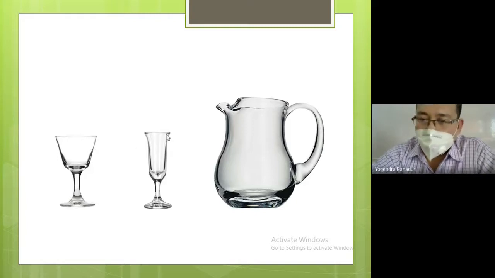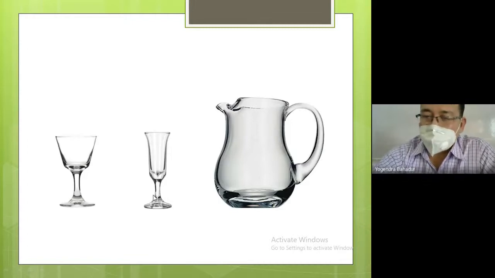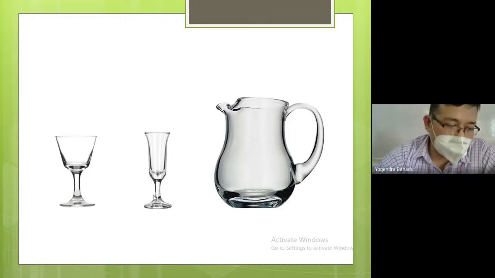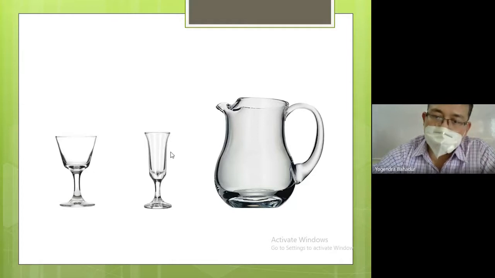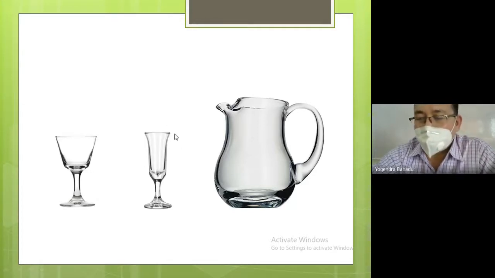6 fluid ounce. In the middle, you are finding the cordial glass, C-O-R-D-I-A-L. Basically, it is very small in size, and its quantity is 2 fluid ounce only. It is used to serve the cordial. What is basically the cordial?